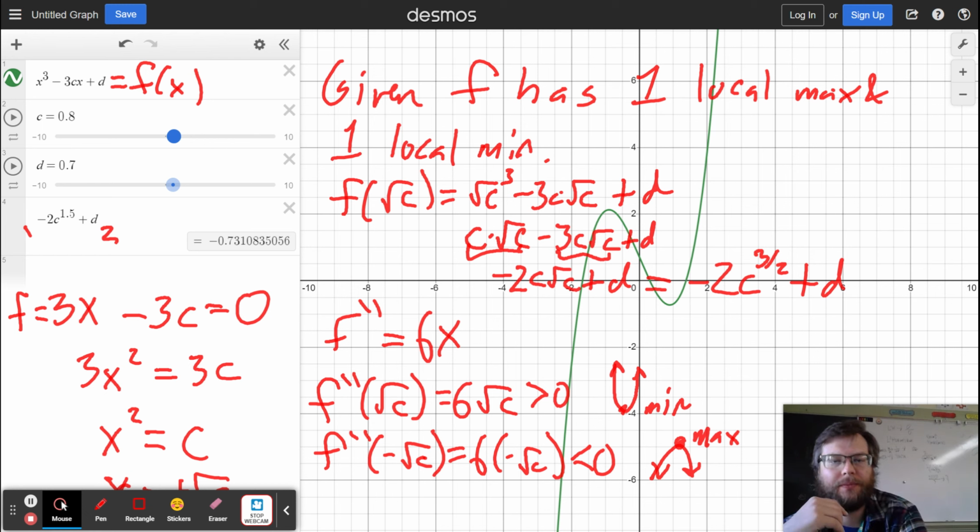If I calculate 2c raised to the 3 halves, I can copy that number and put it as my d value, and I will get a graph that only has two x-intercepts. If I make my d value bigger than that, now I only have one x-intercept, and if I make my d value smaller than that, I have three x-intercepts.